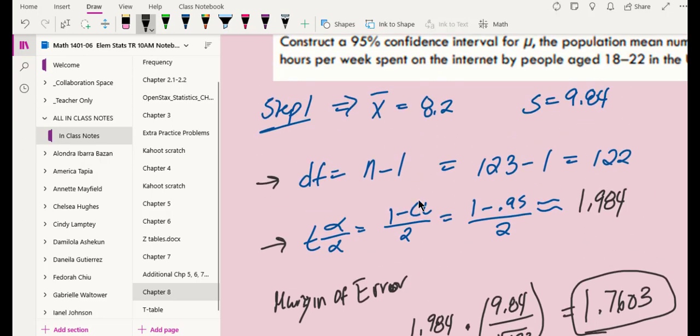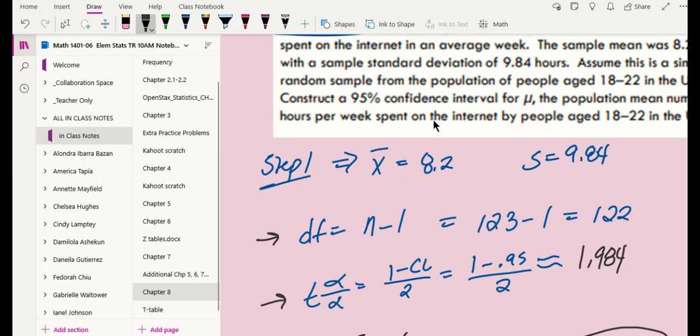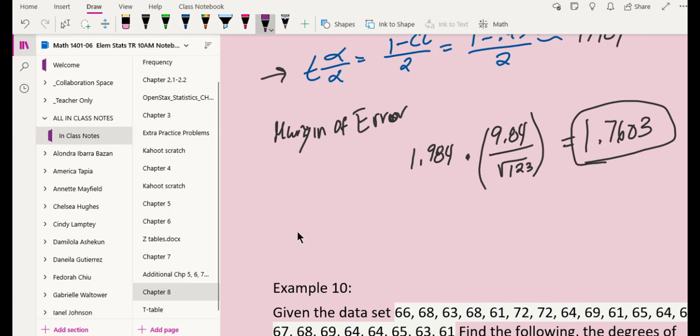But we are constructing a confidence interval. So we take this margin of error and we add it and subtract it to our what? Our mean here. So our confidence interval will end up looking something very similar to saying 8.2 plus 1.7603 and 8.2 minus 1.7603.